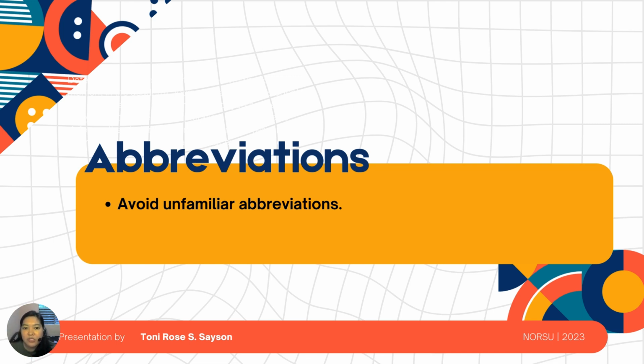If you want a report to be readable, the ideal number of abbreviations to use is very little. Maybe even zero.